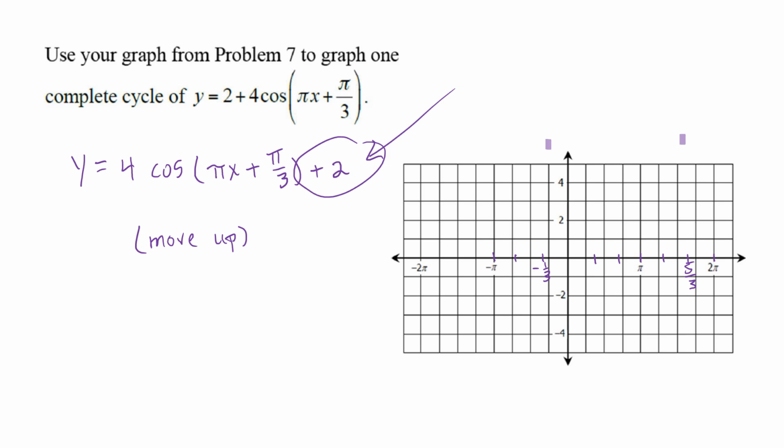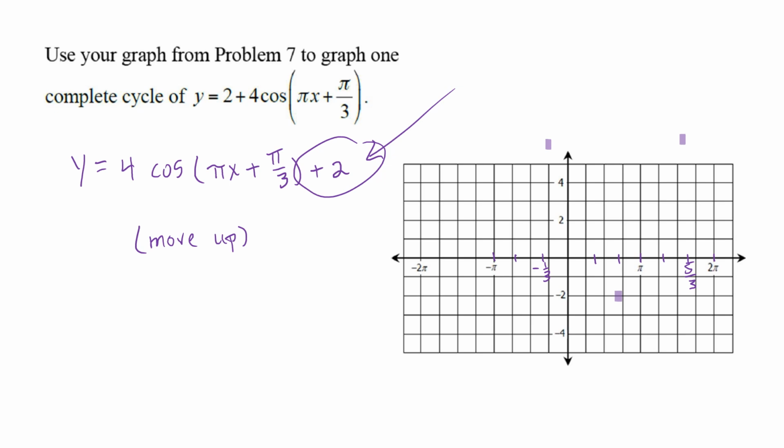My middle point, which was at 2 over 3 or 2 pi over 3, was at -4. So now this value is going to go up 2, so it's going to be at -2. And so then I can mark the halfway points. On the y-axis, I was at 2, so I'm going to go up 2.